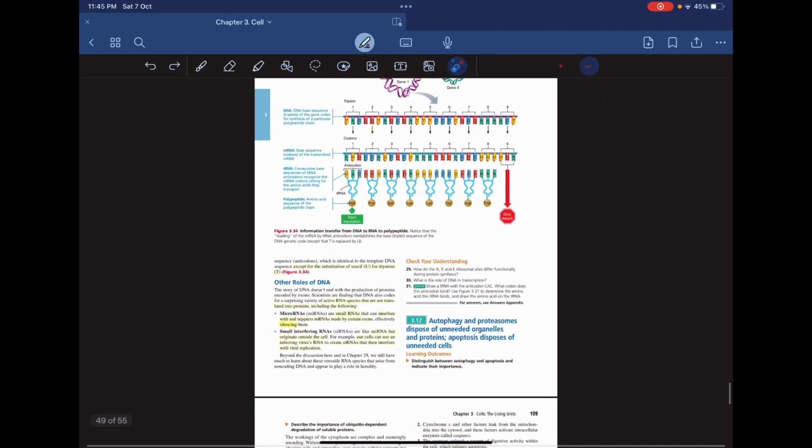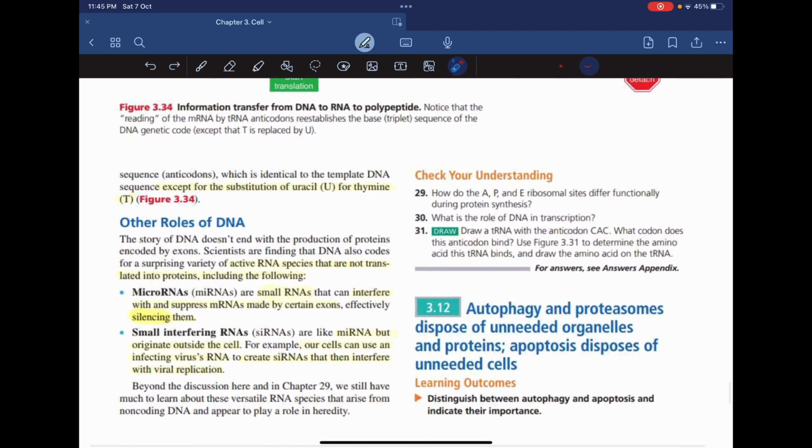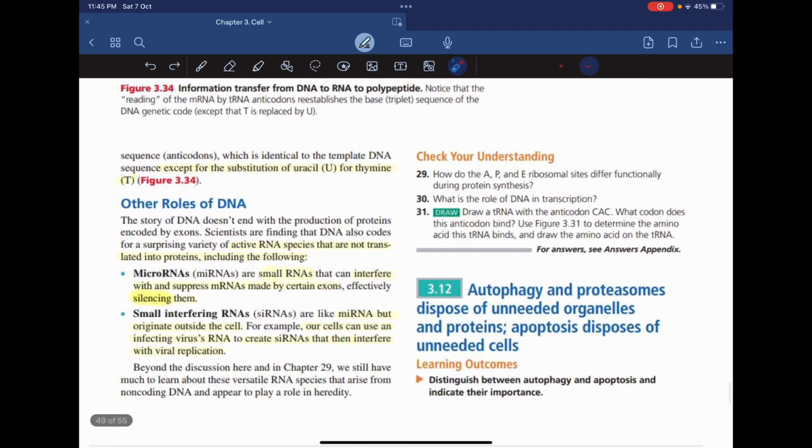And we also have this small one, which is talking about the roles of DNA. We mentioned here that what differs is that the mRNA has uracil, but DNA has thymine. For the roles of DNA, it also produces other active RNA species that are not translated into proteins, including micro and small interfering RNAs.